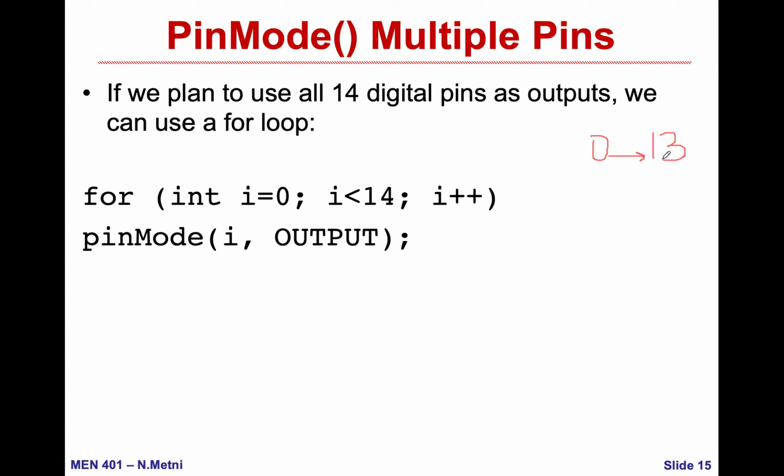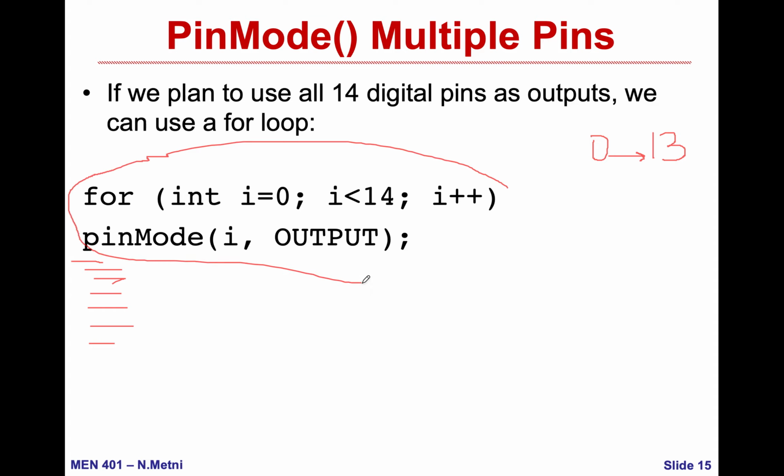I can put 14 pinMode functions, one below the other, or I can do it in a luxury way by using a for loop. So pinMode(i, OUTPUT): 0 output, 1 output, 2 output, up to 13 output, and go out. I will set the 14 pins as outputs.